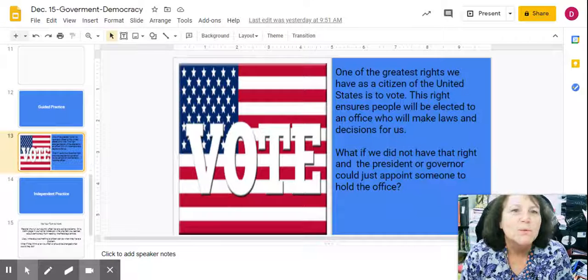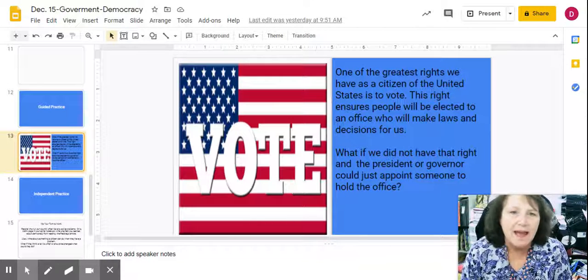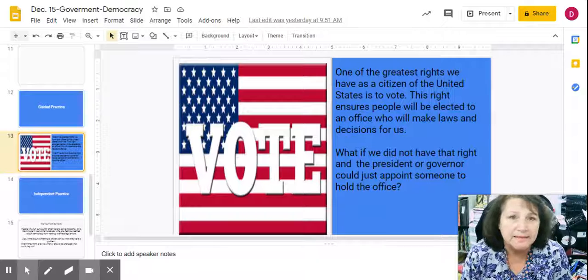Vote. One of the greatest rights we have as a citizen of the United States is to go to the polls and vote during an election. This right ensures people will be elected to an office who will make laws and decisions for us.